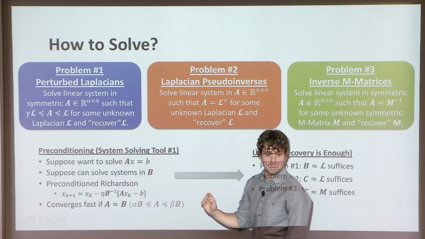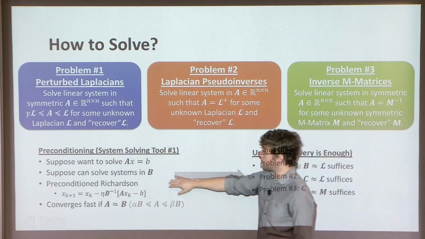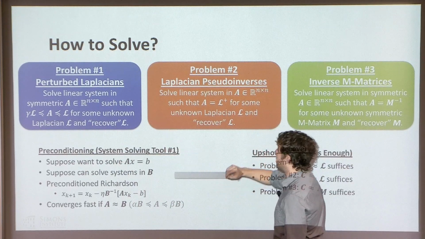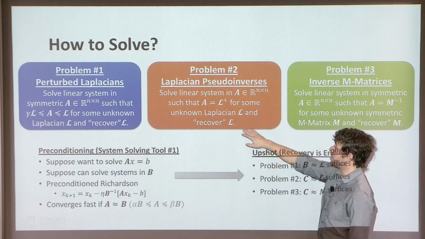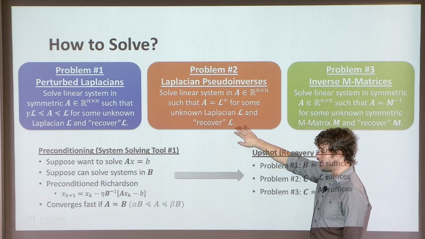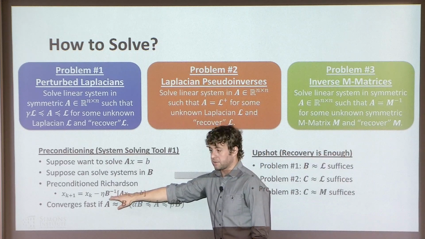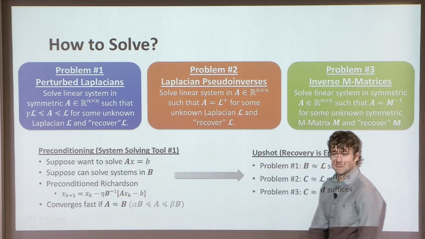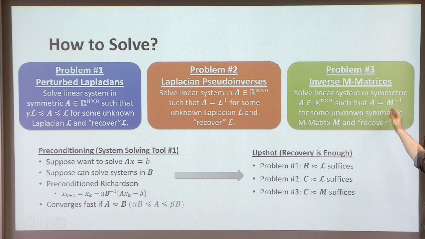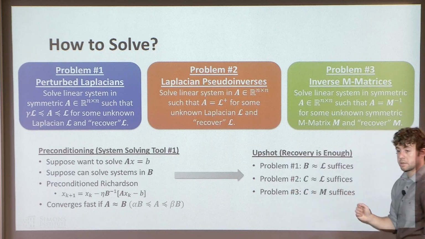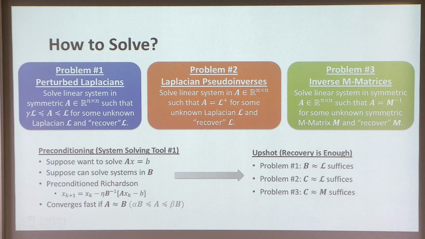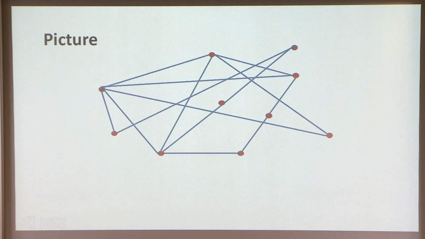So if you can recover L, you can solve. Similarly here, if I can recover an approximation of L, that is like the B inverse here, I can use that as a preconditioner and solve. And similarly here, I just need to recover an approximation to the M matrix itself, and that would be a good preconditioner. So the hard part of all of these problems is doing the recovery, not doing the solving.